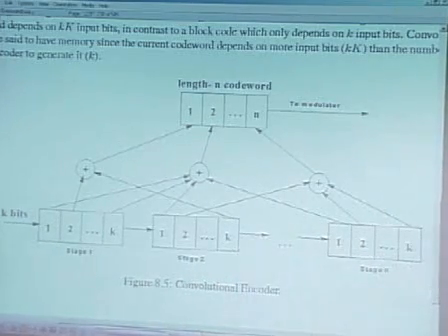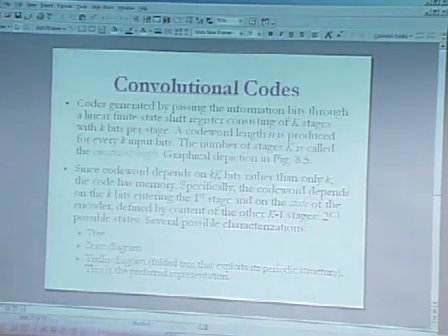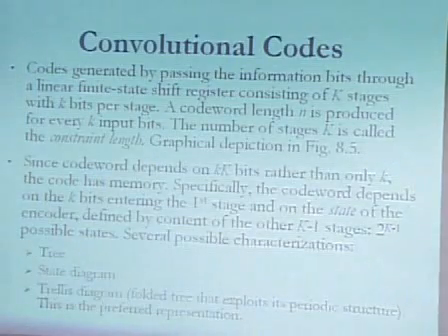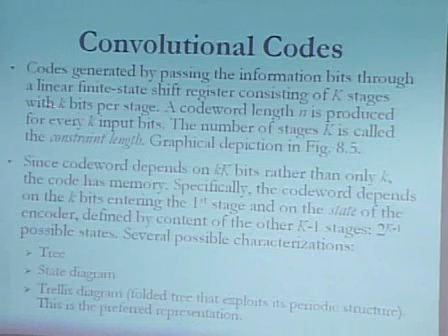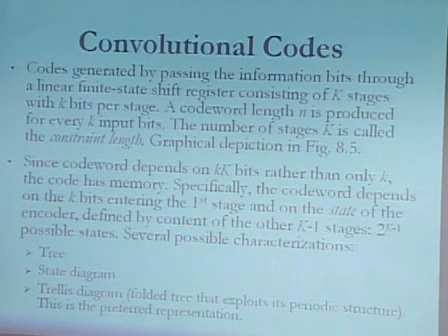Okay, so there is this notion of memory in the encoder. The number of stages, capital K, is called the constraint length of the code. Okay, that's the term that is used. As I said, the code word depends on little k times capital K bits. And so the code has memory.